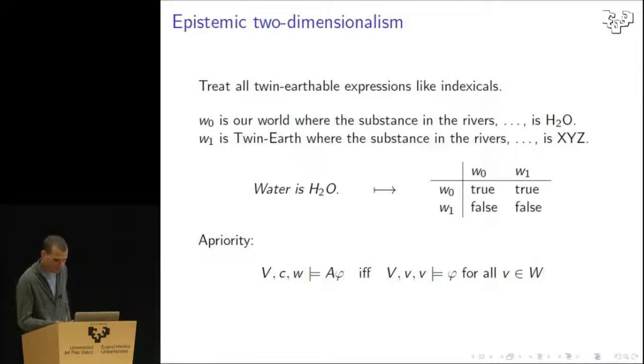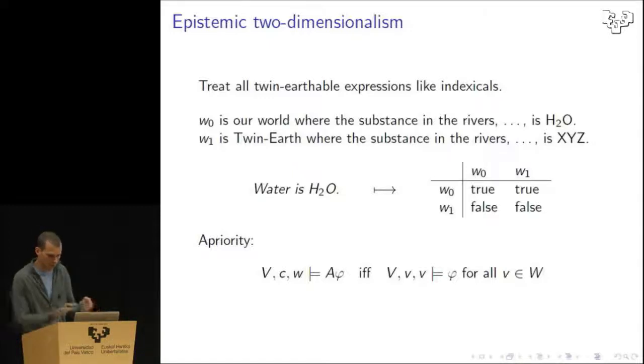But the reason is that the idea behind this interpretation is to make sense of twin-earth cases, and what comes with these twin-earth cases are sentences which are necessary truths, but which are still a posteriori necessary truths.